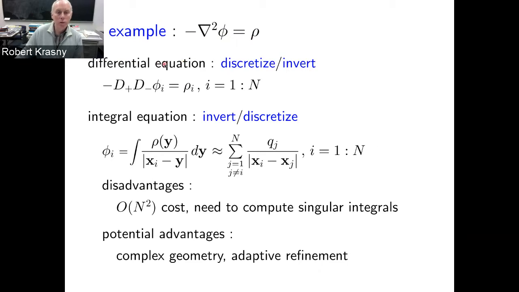So it's a differential equation, and the standard procedure is to discretize the differential equation and then invert the linear system that results. Okay, and so there are many, many ways of discretization. I've written down a finite-difference scheme over here. This is a very high-level overview.